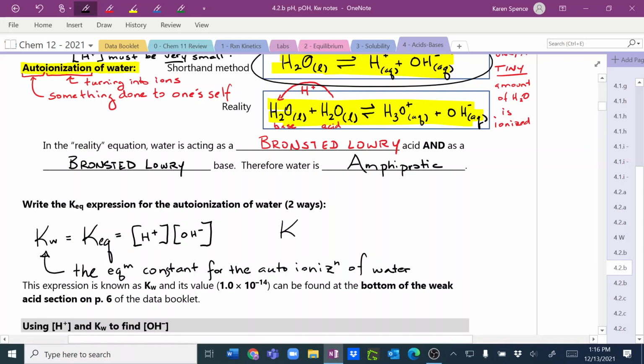How else could we write KW, instead of writing it as H plus times OH minus? Yeah, we could use H3O plus. Yeah, exactly. Times OH minus.